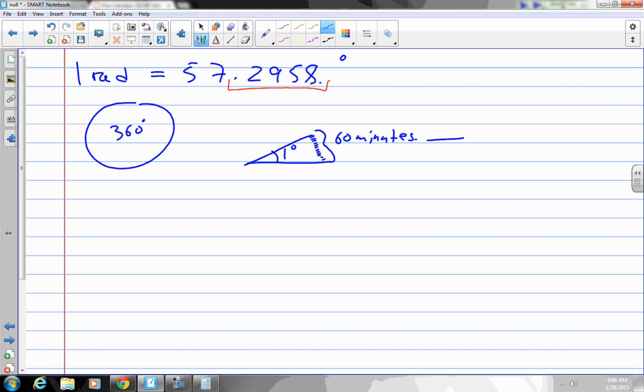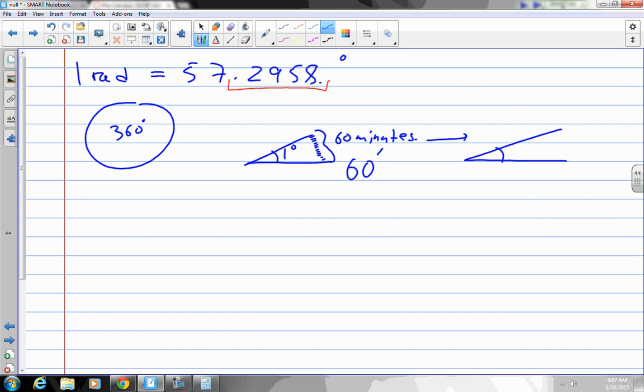And guess how many, if I take 1 minute. The way we use the symbol for the minute is this little prime. A little circle stands for degree, and this little mark stands for minutes.